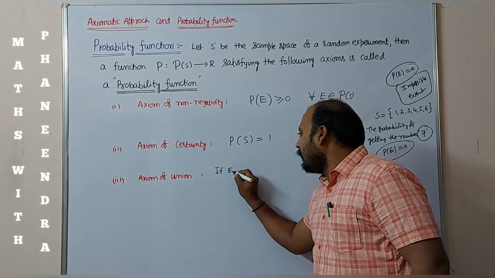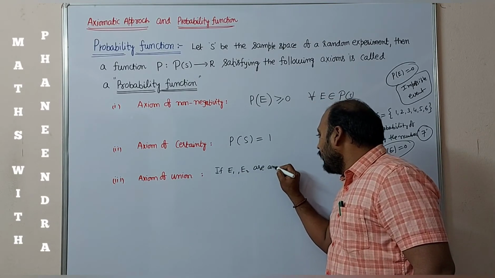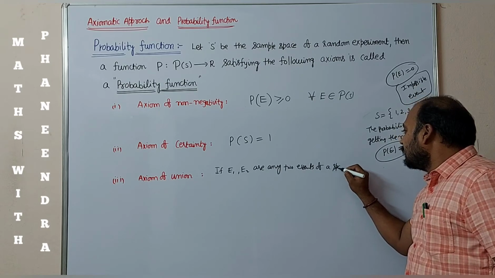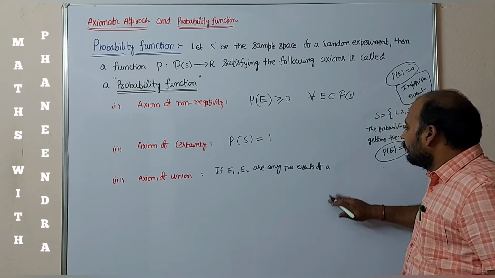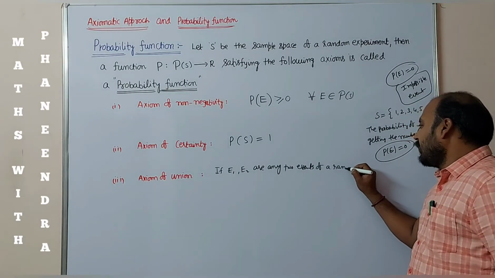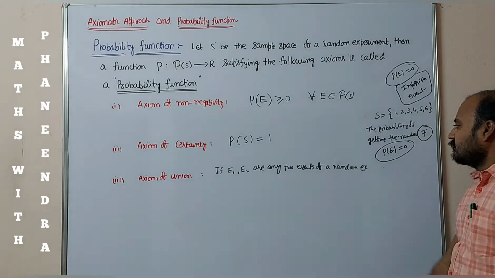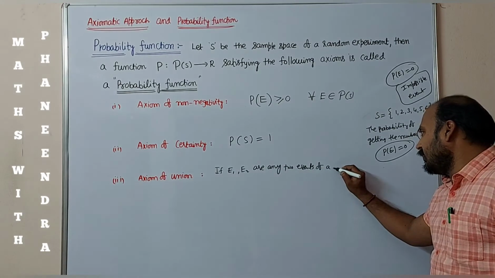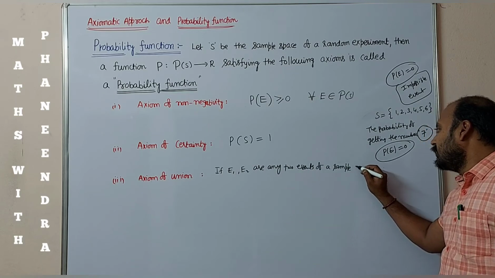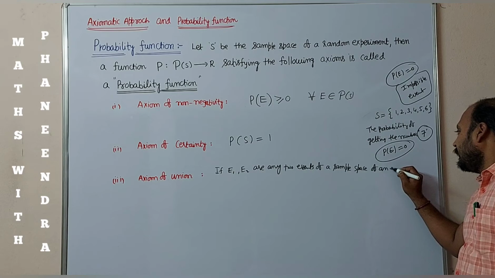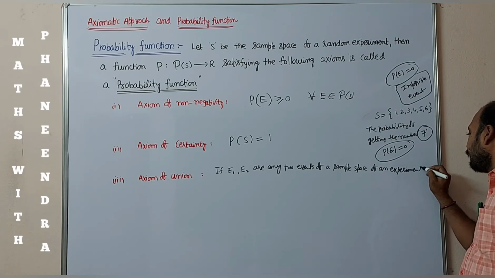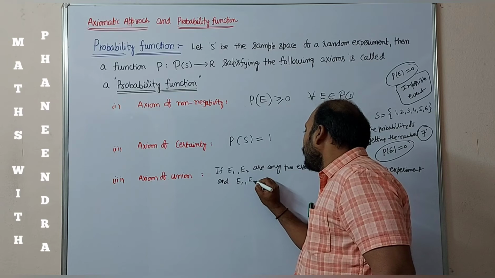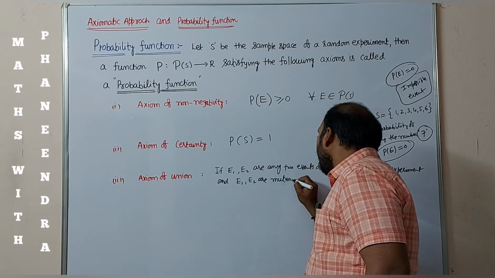If E1, E2 are any two events of a sample space of a random experiment, and E1, E2 are mutually exclusive.